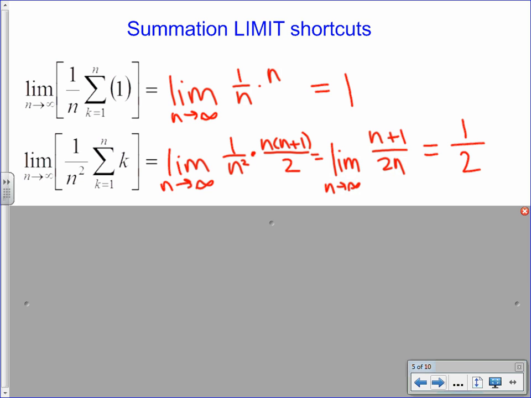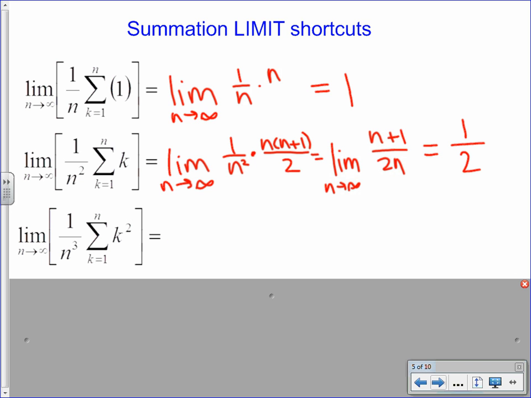The coefficient ratio is 1 over 2. Okay, all right, next one. We have 4 of these we're going through. So next time you see 1 over n squared times the sum of k, you're going to know that it's going to be 1/2. We've already done the math.